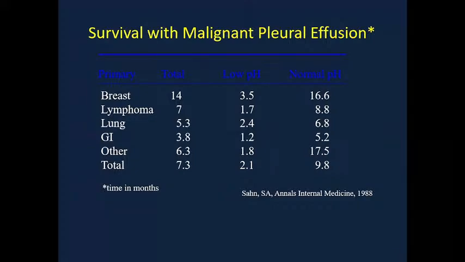Usually, presence of a pleural effusion as a result of malignancy portends a fairly bad prognosis with limited survival. So usually by the time someone has a pleural effusion due to malignancy, it means this is really stage 4 disease.